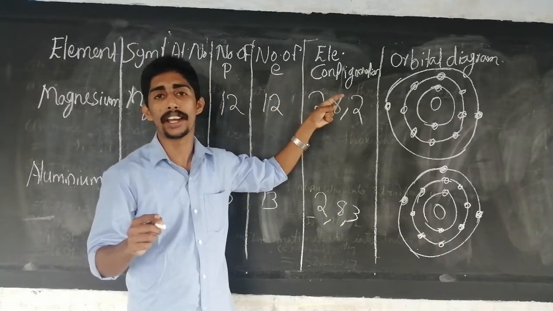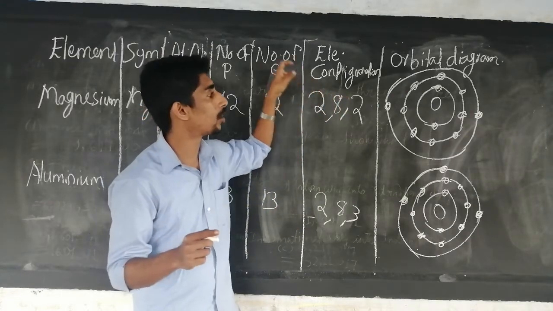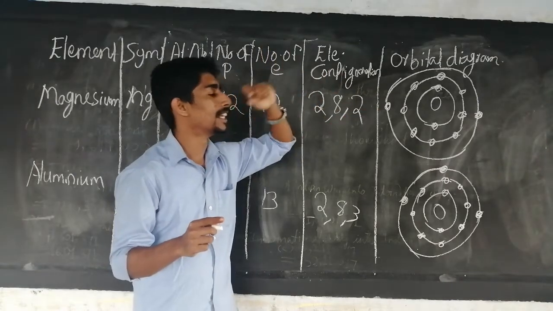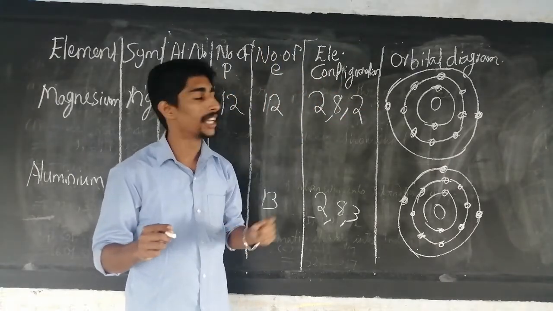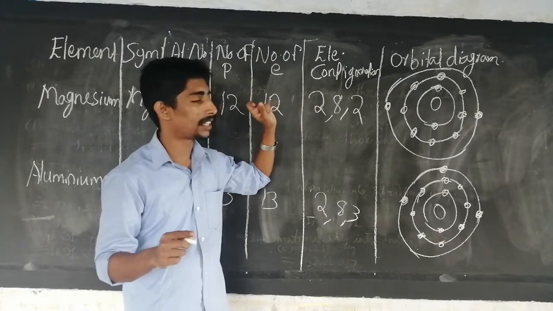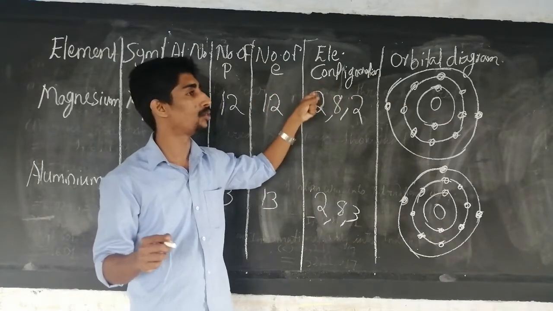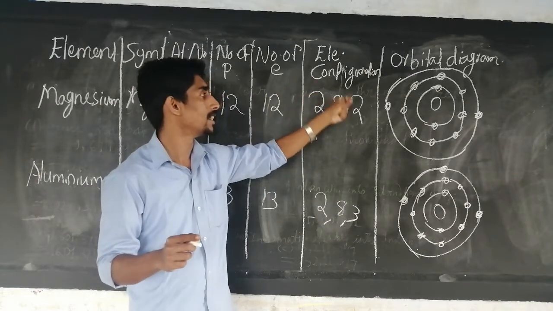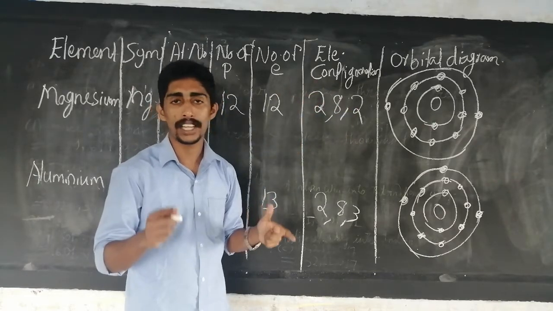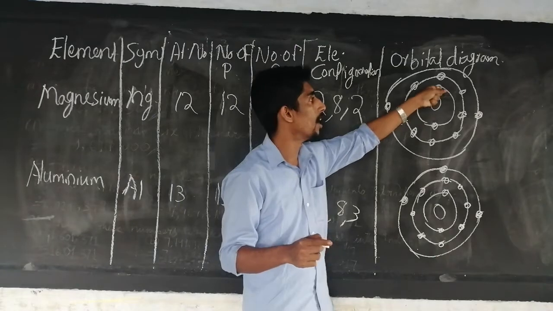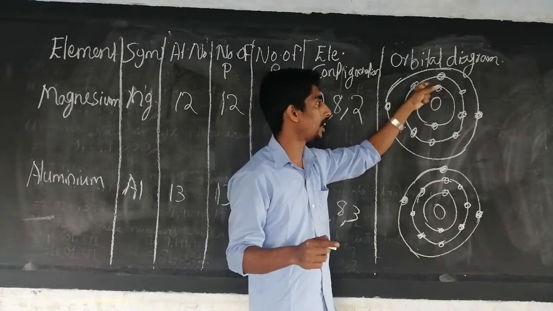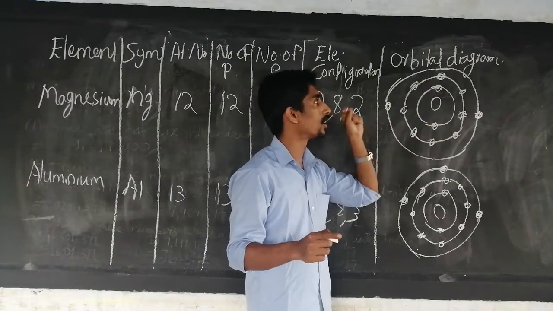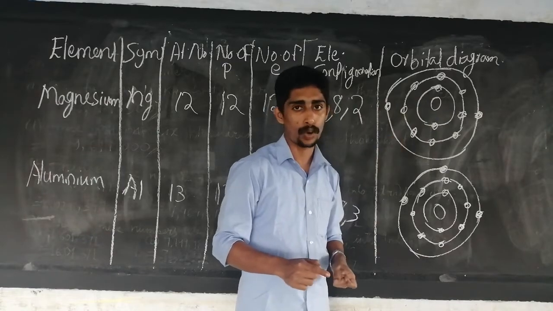Yeah, 2 electrons. Those 2 electrons will go to the third shell. So we will get the electronic configuration as 2, 8, 2. 2 electrons are in the first shell, 8 electrons are in the second shell, 2 electrons are in the third shell.